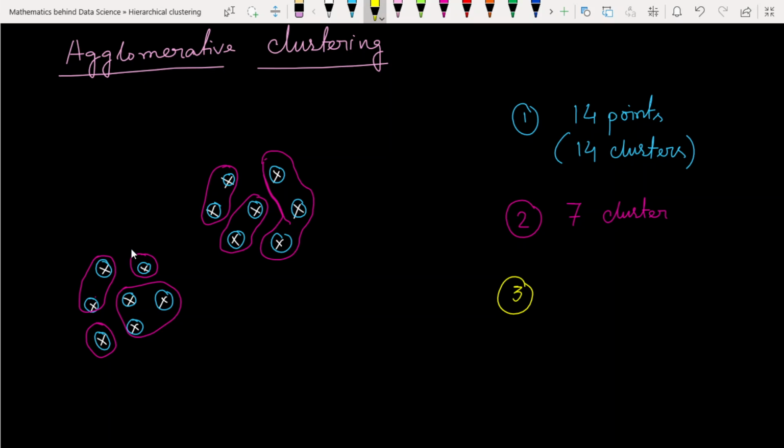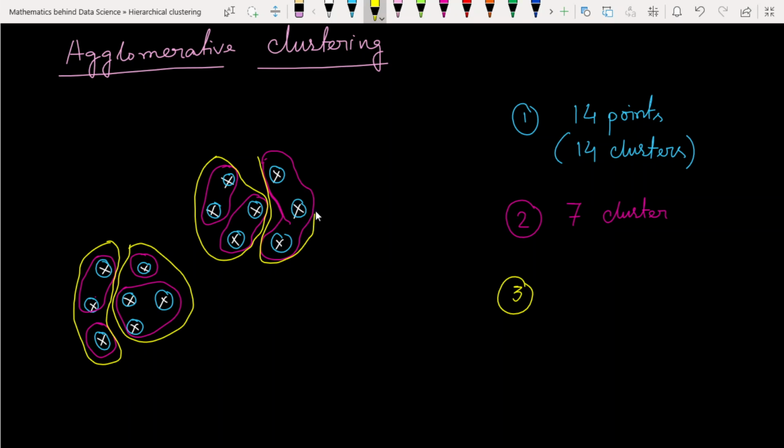Suppose these two clusters now make a single cluster, these two clusters now make a single cluster, this one is a single one, and this one is a single one. Now in the third iteration, how many clusters did we get? 1, 2, 3, 4. In total we got 4 clusters.